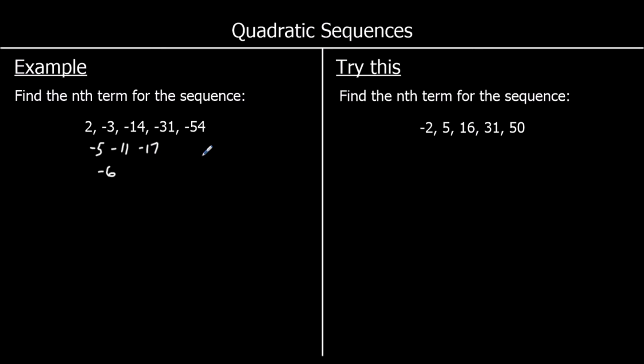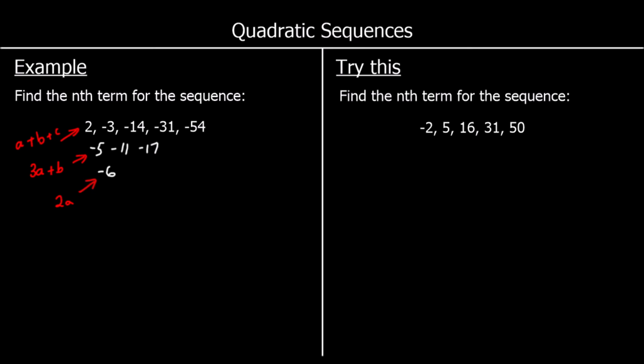So we've got all we need to know. For any quadratic sequence, the second difference is 2a. The difference between the first two terms is 3a plus b. And the first term is a plus b plus c.